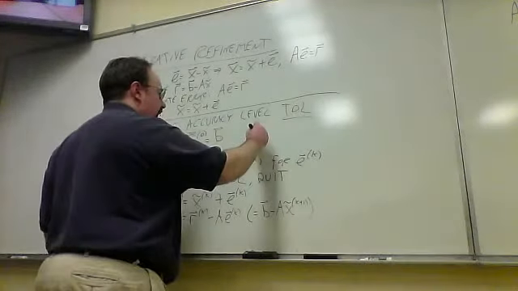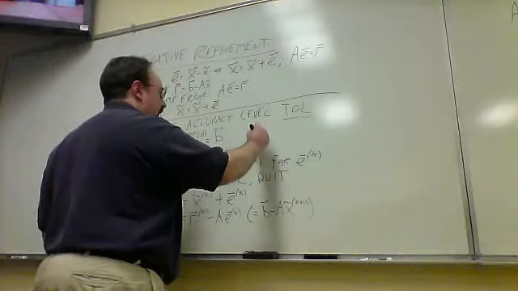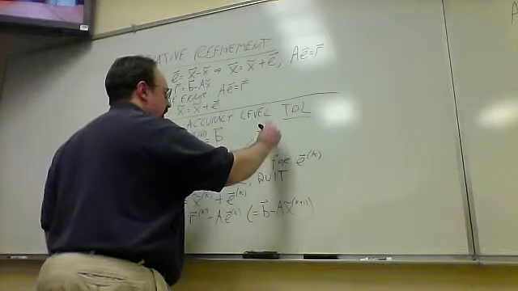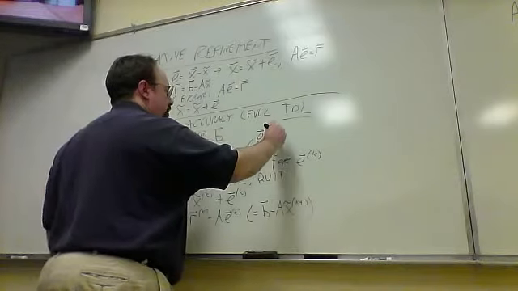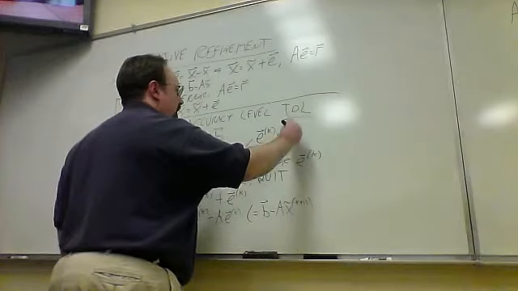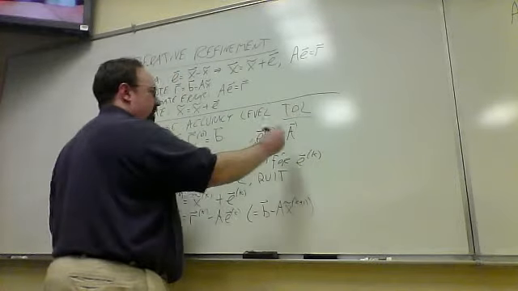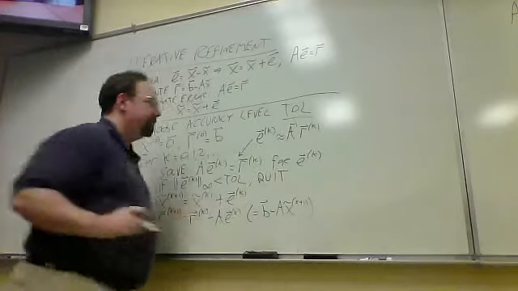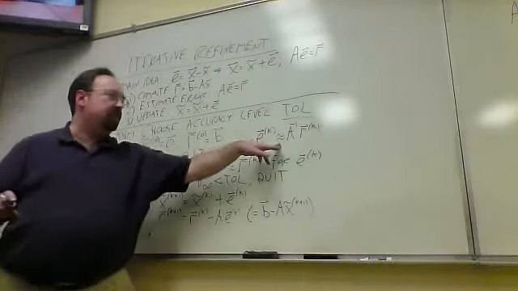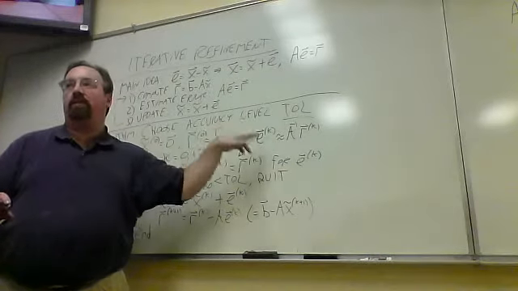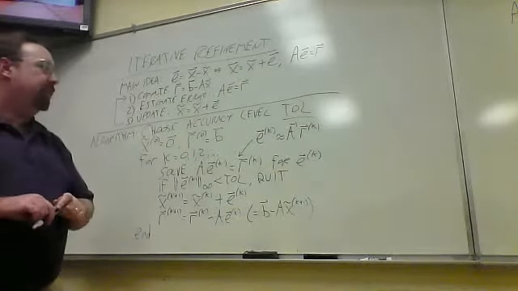So our error estimate is an approximation to the true A inverse times our residual. And I say approximately equal to because, of course, this computation is going to be erroneous. There's going to be some round-off error involved.